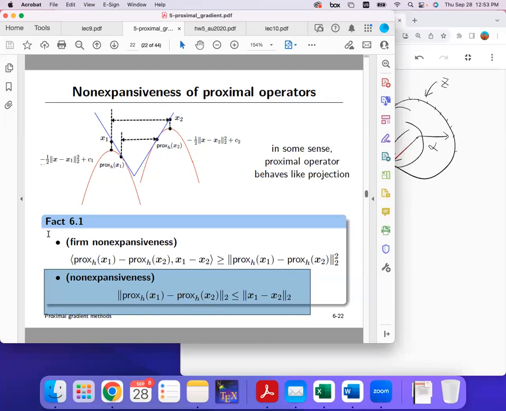Now the first property is actually a stronger result than non-expansive, which we call firmly non-expansive.